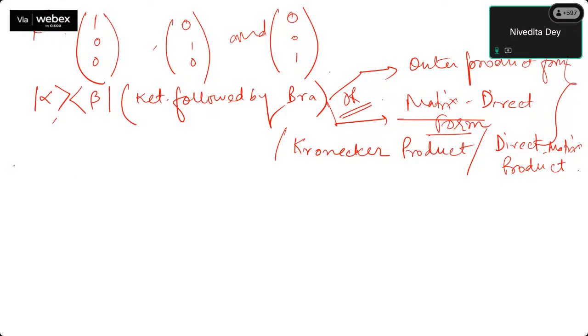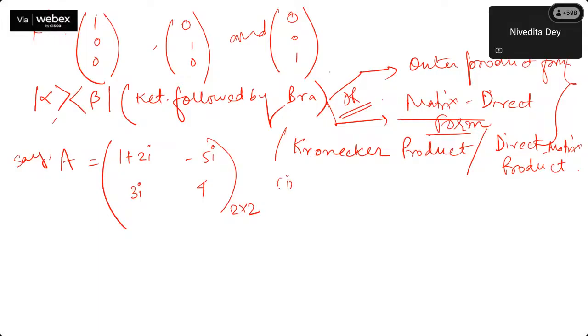Now say I have a matrix A, which is 1 plus 2i, minus 5i, 3i, 4. It's a 2 cross 2 matrix. Then what we have to do? First we have to take the transpose of A. Transpose means rows and columns are interchanged.